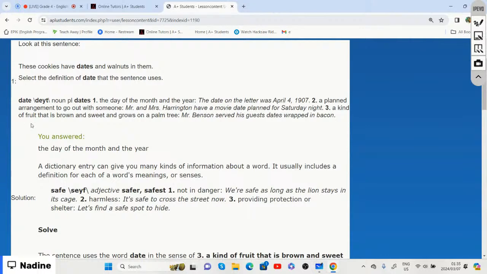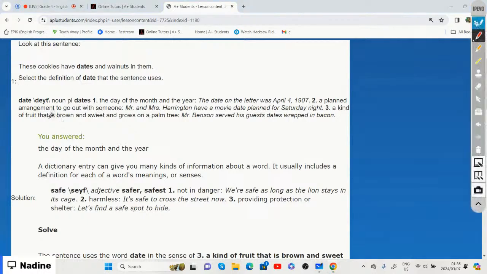So if you have a word, let's say for example, date, we need to find out the meaning of the word date.